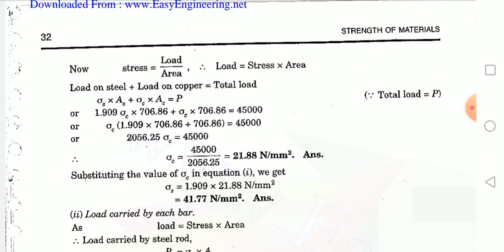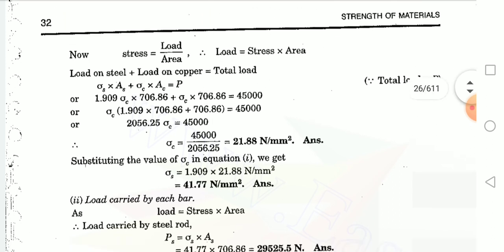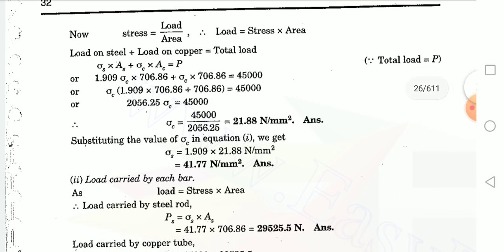You know that stress equal to load by area, then load equal to stress into area. So load on steel plus load on copper equal to total load, that is P equal to PS plus PC. Okay, so that load is stress into area. So sigma S into AS plus sigma C into AC is equal to total load.